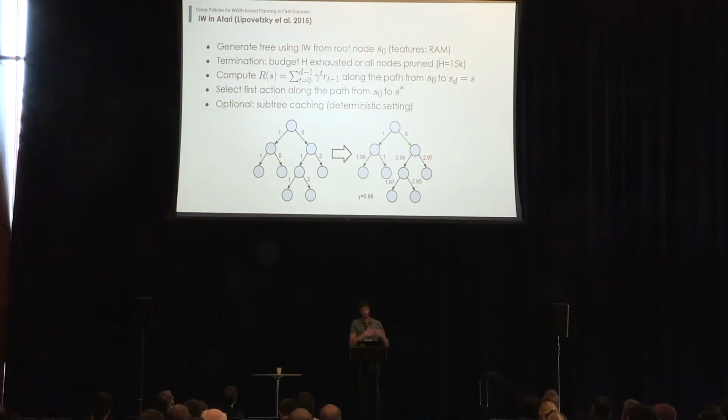And after iterated width has been completed, we compute the cumulative reward of all nodes, and then select the action of the branch that leads to the highest cumulative reward. We execute this action and then start over again. An optional step is caching this subtree of the selected action.